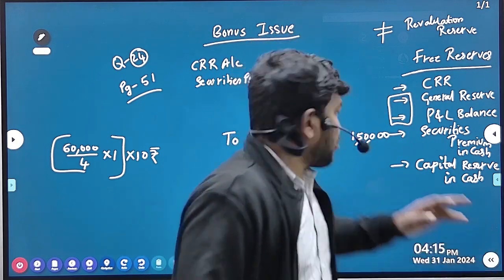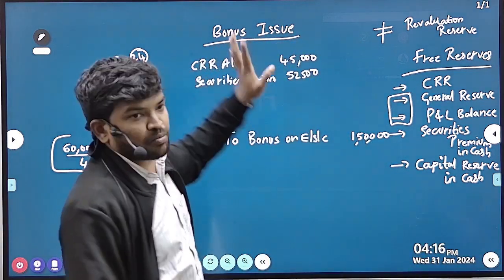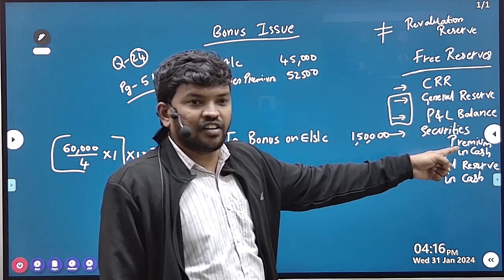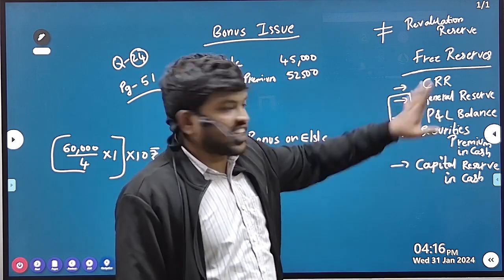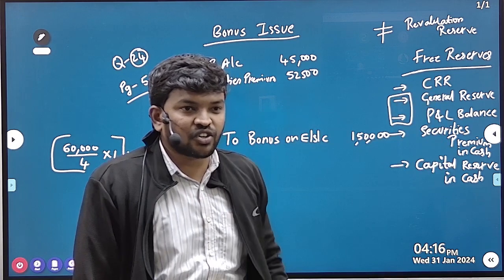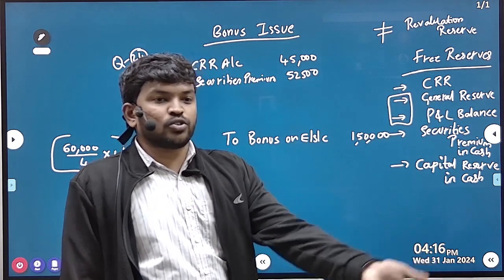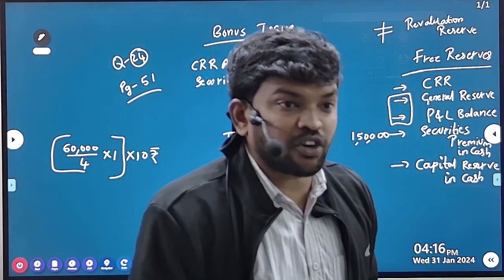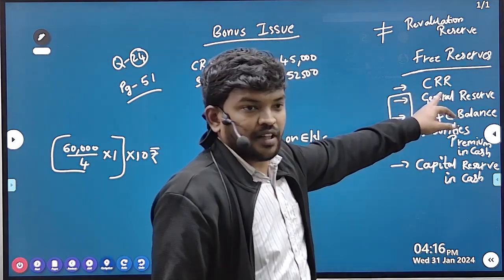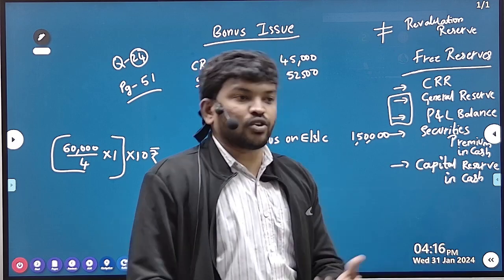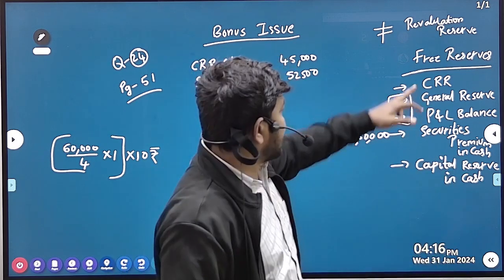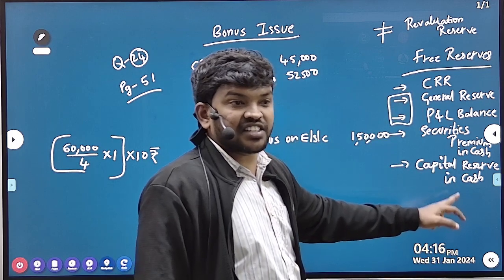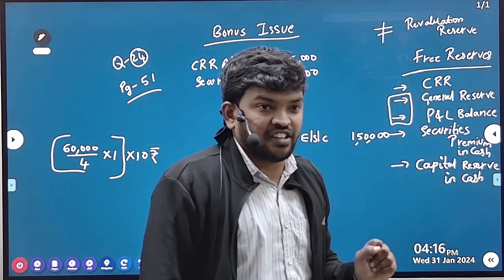Suppose this case is bonus issue. If you are not using CRR and go to general reserve, then CRR remains as it is. In future, if you want to use the money for something else, you cannot use this CRR amount. But general reserve and P&L balance you can use for anything. But CRR, securities premium, and capital reserve realized in cash have certain restrictions. Understanding?